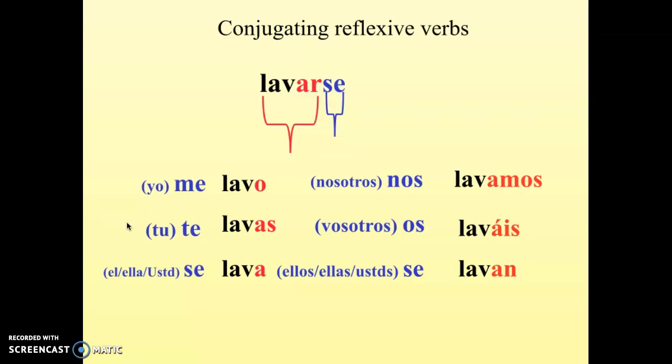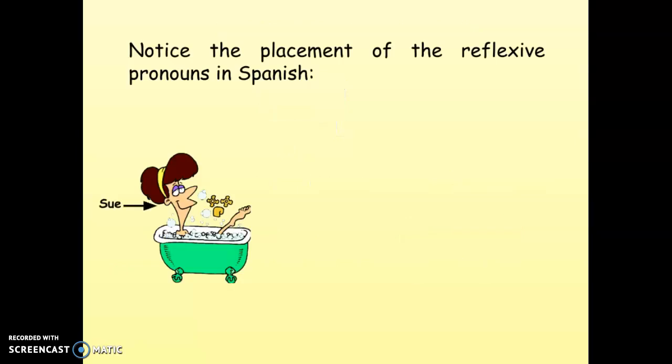So now that reflexive pronoun se at the end of the verb will become me lavo, te lavas, se lava, nos lavamos, os laváis, se lavan. With reflexive verbs, it is important to note that you're changing the pronoun along with the verb itself.